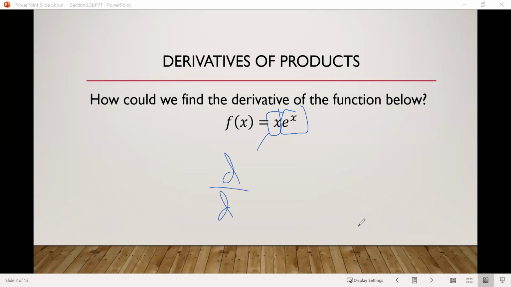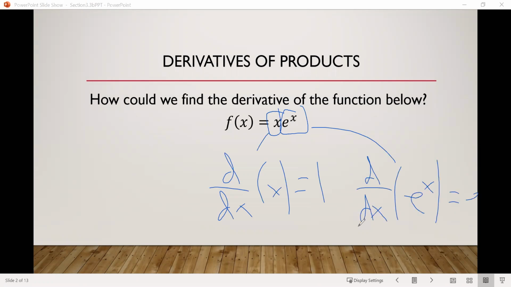So d dx of x, derivative there would just be 1 using our power rule. And d dx of e to the x, as we learned, is just e to the x. So that might make you think then that the derivative here, f prime of x, should be 1 times e to the x, right? Right? If only it were that simple.